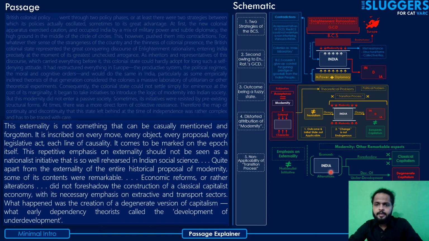He notes that the economic alterations brought about in the country by the Britishers, by the colonialists, did not result in a case of classical capitalism, something similar to European capitalism, maybe.